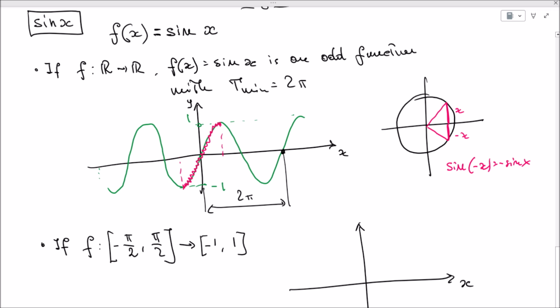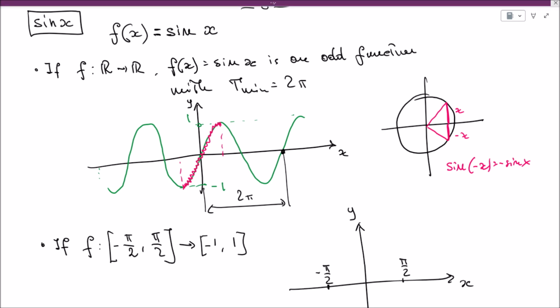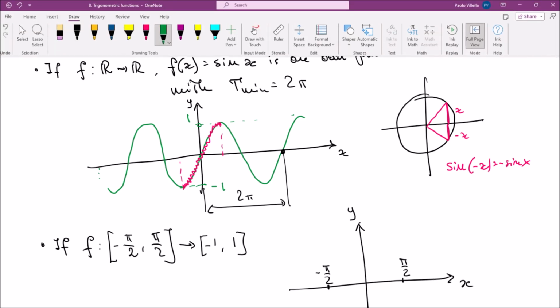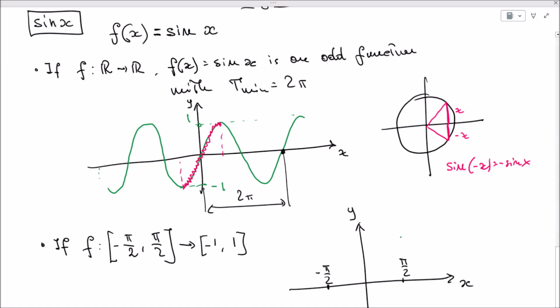We are now taking only what happens between minus pi over 2 and pi over 2, and we know that this will be the function. Clearly this function is surjective and injective, therefore it is invertible.